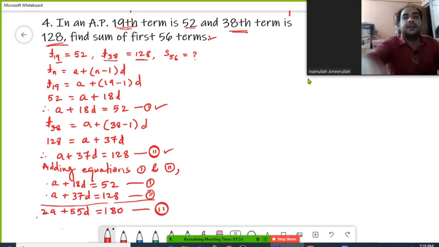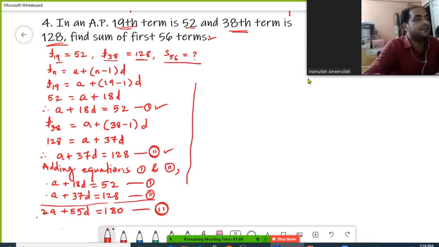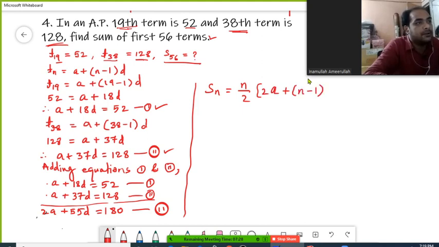Now after considering this as equation number 3, I am going to find my final answer, that is S56. In that case I'll use the Sn formula because the last term is not known. So Sn equals n by 2 into bracket 2A plus n minus 1 into D. I'll use this formula to find the sum of 56 terms.